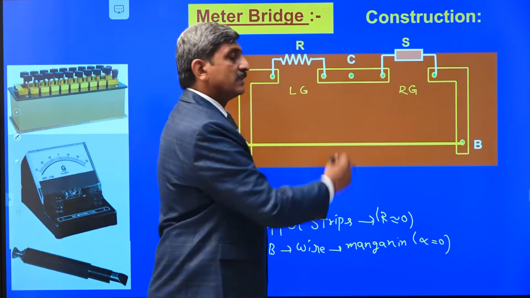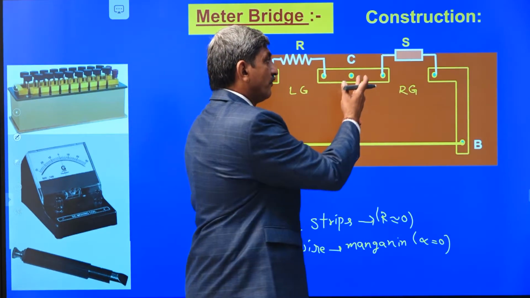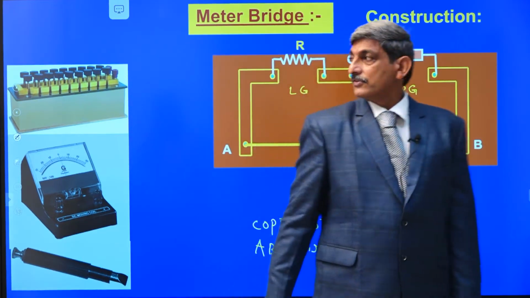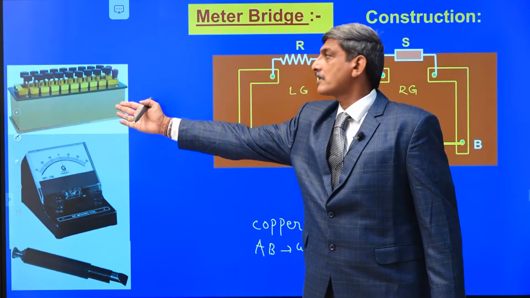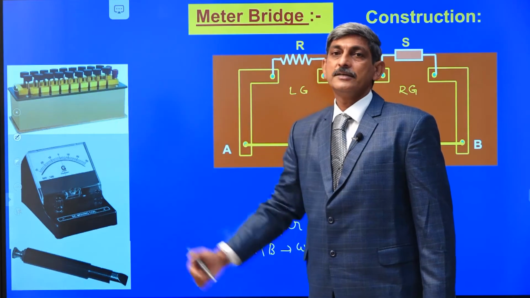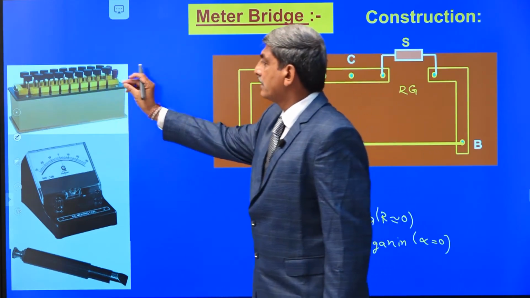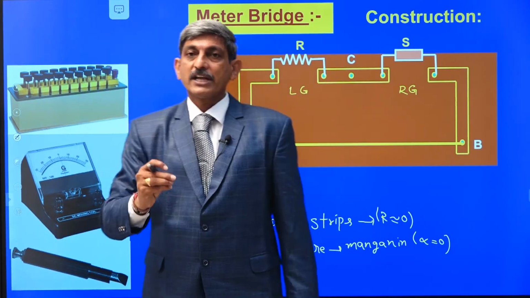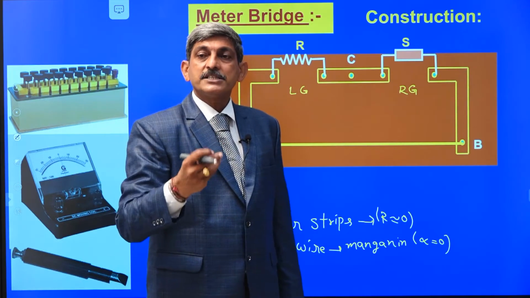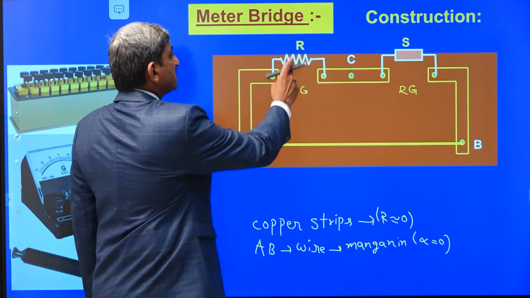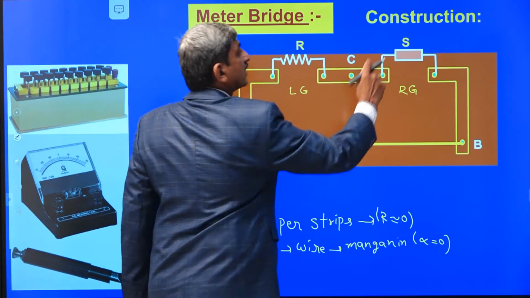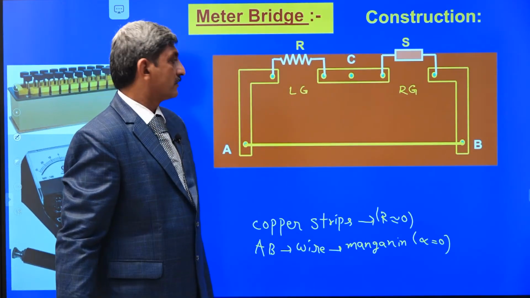Generally, in the right gap, for the connection of the standard resistor, we use the resistance box. This is the resistance box which contains the pins. By removing the pins, we can place the desired resistance in the resistance box. So, this is the unknown resistance, and this is the known standard resistance value.